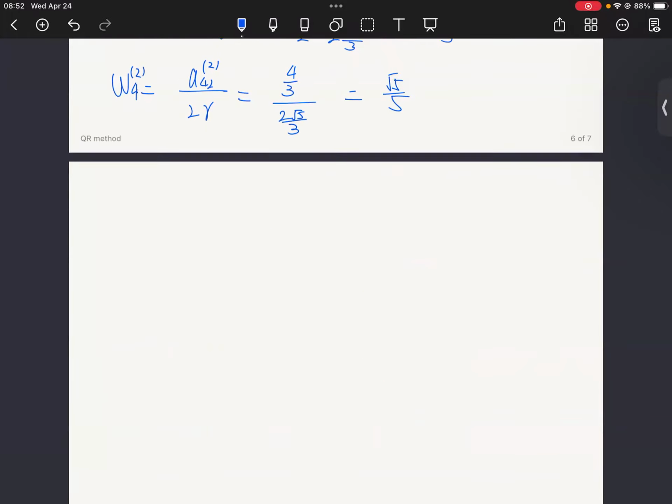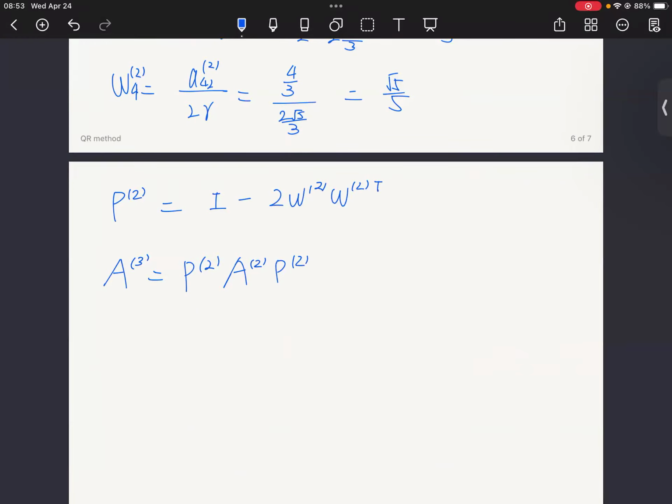You have to continue your calculation by computing the P2 matrix, and then you get the A3 matrix by P2 A2 P2. P2 is just I minus 2 W2 W2 transpose.